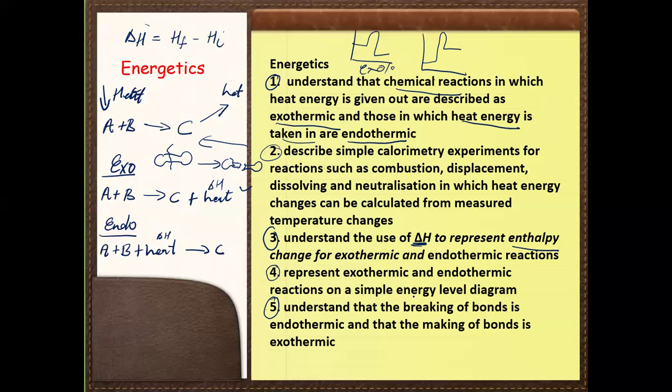But always know that the breaking of the bonds is endothermic. In this reaction, we're breaking the bonds because we are using the heat. Heat is going to help us to break these bonds. It does not matter how many reactants we have, even if it's one reactant, because the bonds are going to break off.